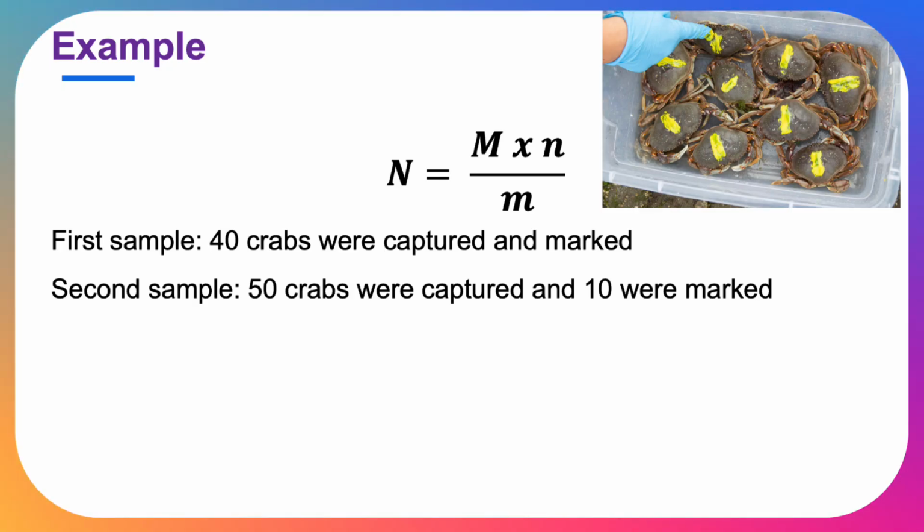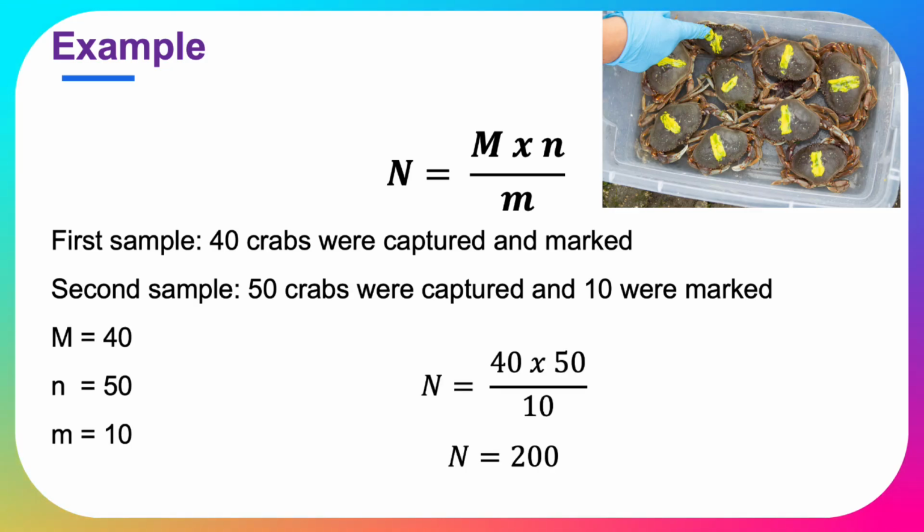So let's see if we can remember which one is which here. 40 crabs were captured and marked the first time, so that's the capital M. 10 were marked the second time, that's the lowercase m. And the lowercase n is the 50 crabs captured the second time. There we go. And we put that into our formula, and we estimate the population is 200 crabs.